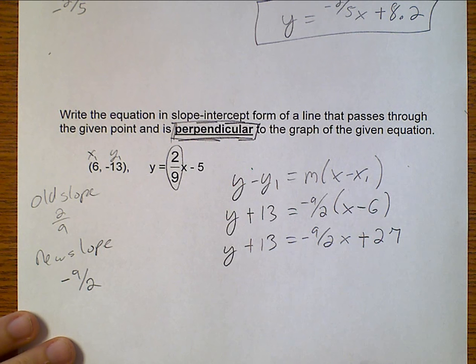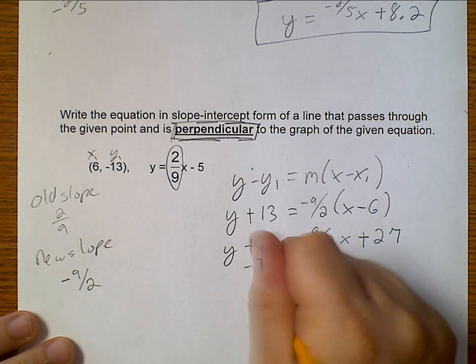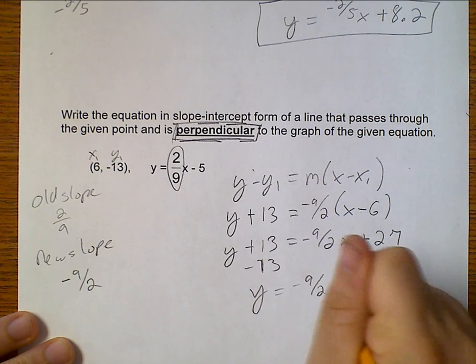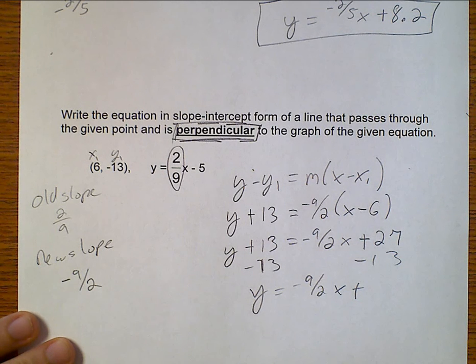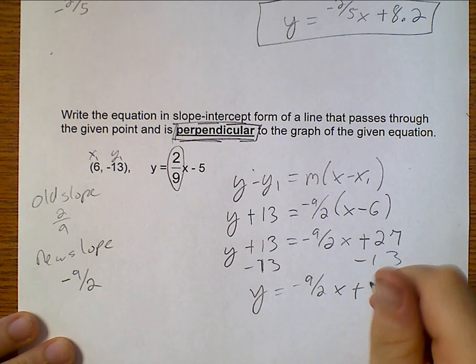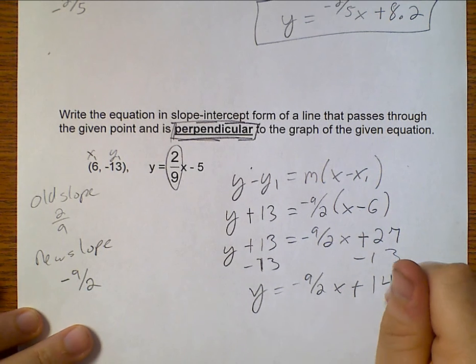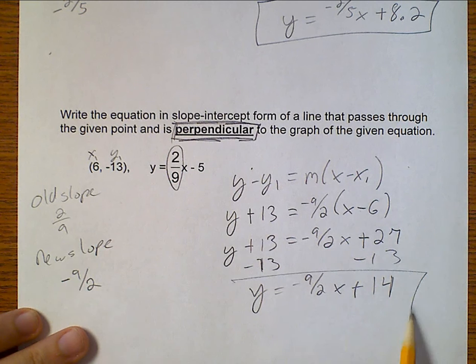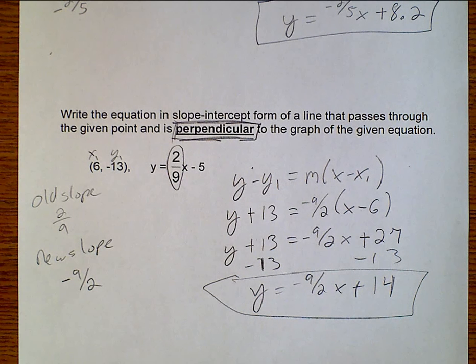And now I subtract 13 from both sides. And I get 14. Slope-intercept form. This is the form of the equation that we want.